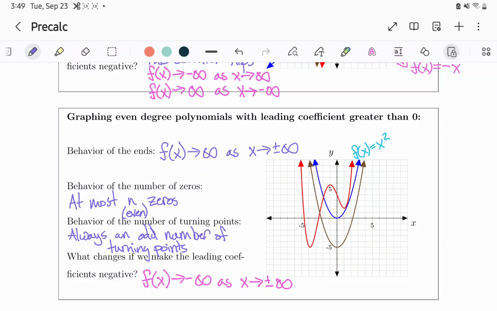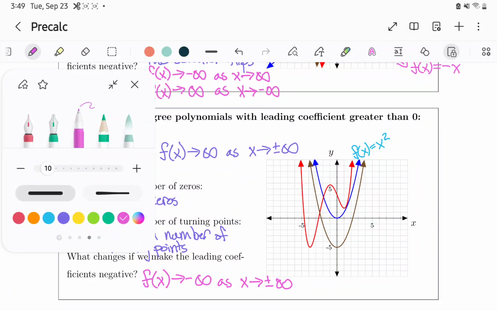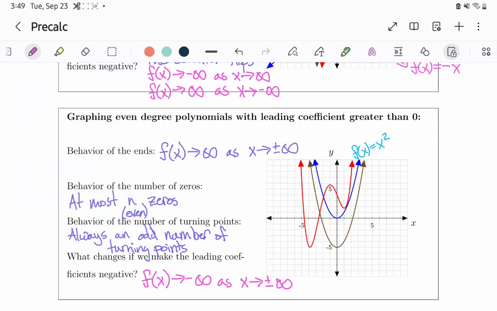And so to see that, we could consider the most basic even degree polynomial function with a negative leading coefficient, which would be f of x equals minus x squared now. So it's just going to be the reflection of the graph in blue about the x-axis. Let me try to make it somewhat accurate here by plotting some points.